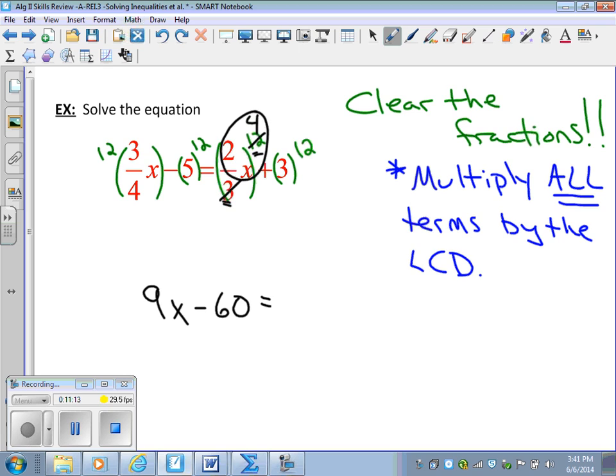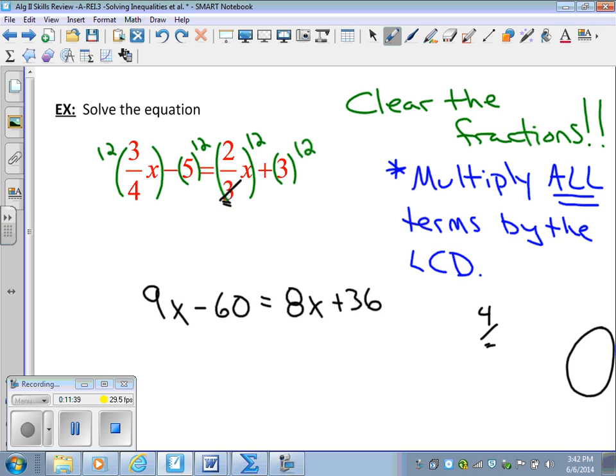And then lastly, I have the plus 3 times 12. Again, I'm going to get some of these things out of the way as I look at them. Plus 3 times 12 is going to be plus 36. And in one step, I multiplied by the least common denominator. I cleared all my fractions, and now this is something that I'm much more comfortable with dealing with.